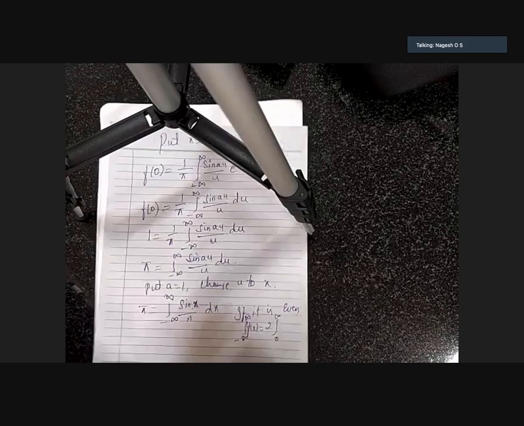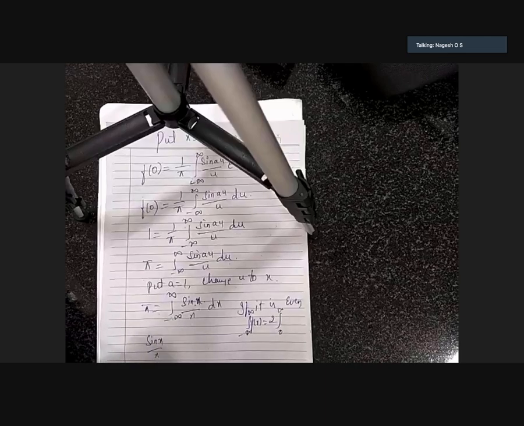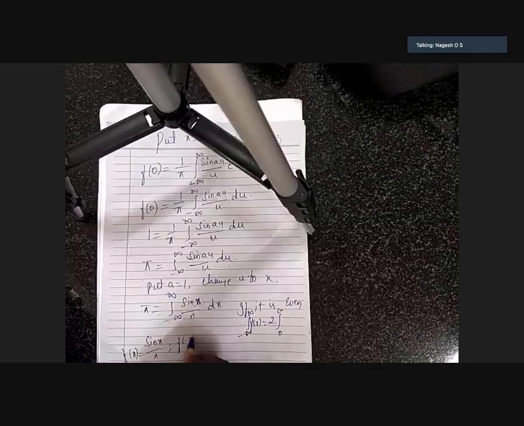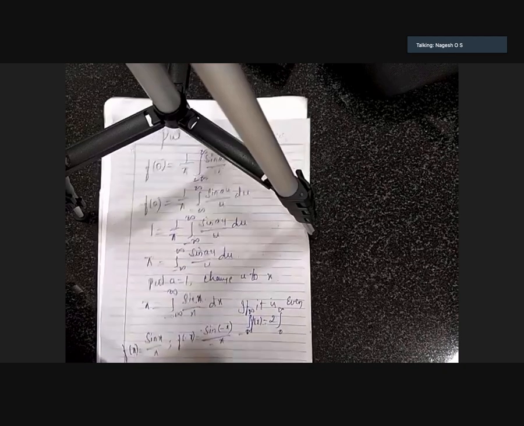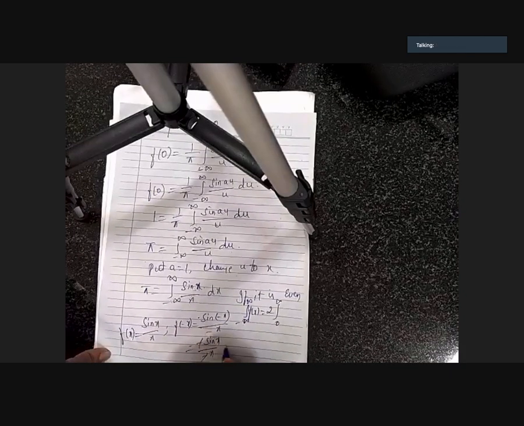We'll check whether it is even or odd. Sin x by x, this is f of x. You need not check this. If you know, you can directly write sin of minus x by minus x, which is sin x divided by x. We are getting back the same function.